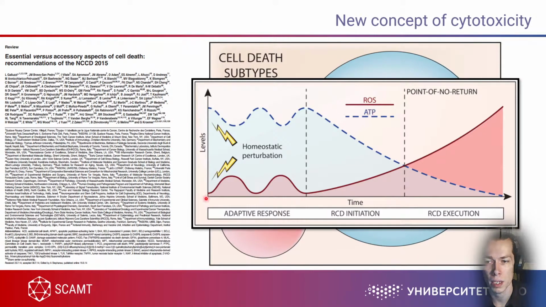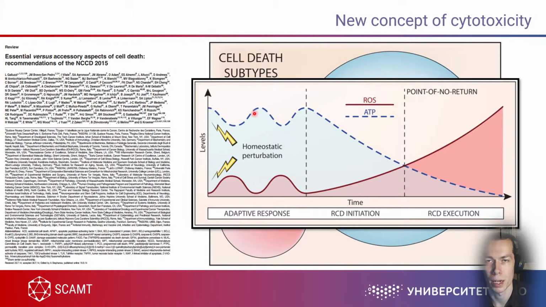If we have some accumulation of, in this case, ROS, but it can be any other type of toxicants, then to eliminate this threat, the cell will release additional molecules, putting some additional power to eliminate this threat.